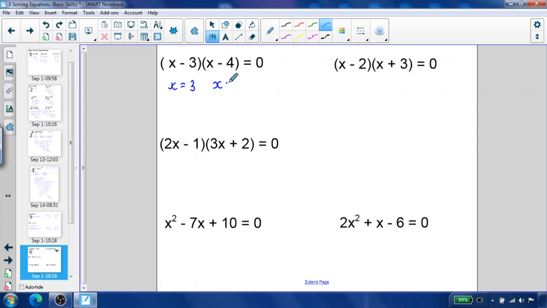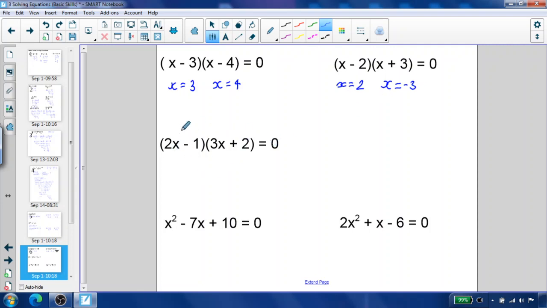So x is going to be 4, because 4 minus 4 is 0. Let's have a look at this one. x minus 2 multiplied by x plus 3 is 0. So again, for this bracket to be 0, x must equal 2. And for this bracket to be 0, x must equal minus 3.